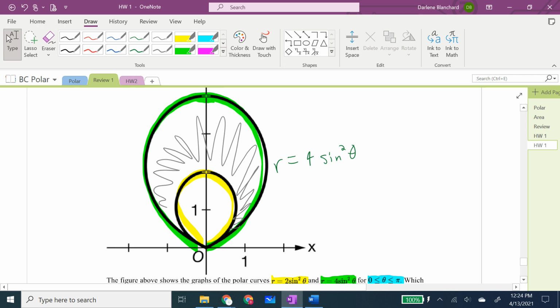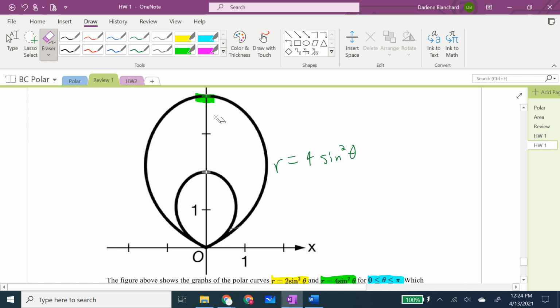And you want to think about how area is created with polar. So I'm going to start off with, if I integrate the function that goes further out, it's going to give me more area than I really want to get.